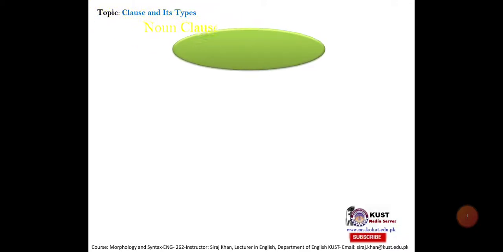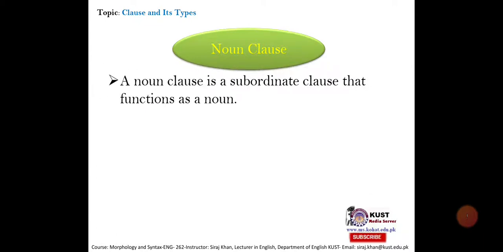A noun clause. A subordinate clause which acts as a noun in a sentence is called a noun clause. It usually starts with words such as that, what, whatever, who, whom, whoever, whomever. It acts exactly like a noun in a sentence. It can work as a noun either in the place of a subject or an object. A noun clause is a subordinate clause that functions as a noun.